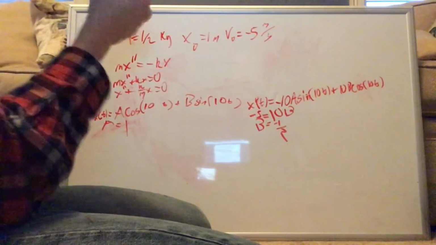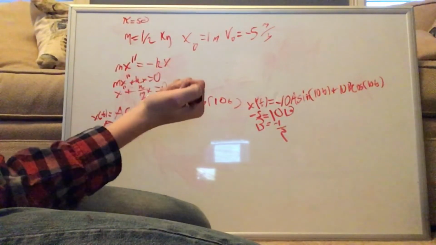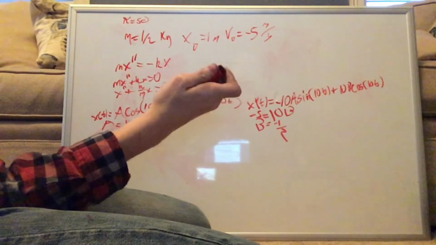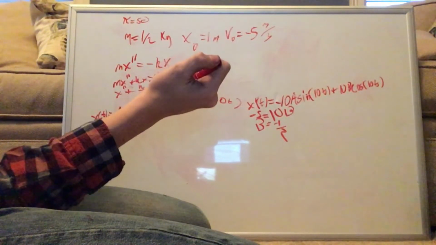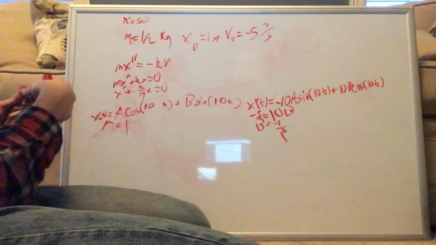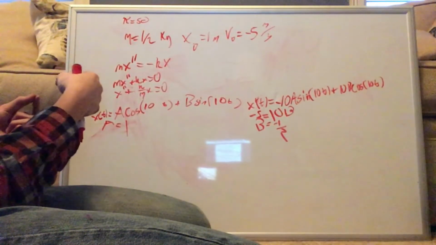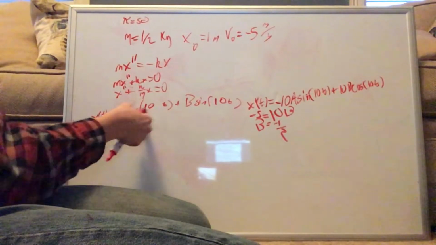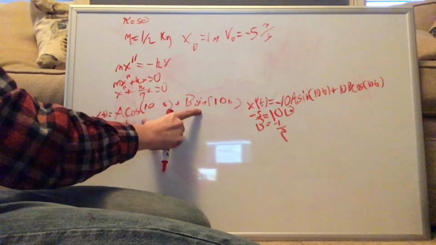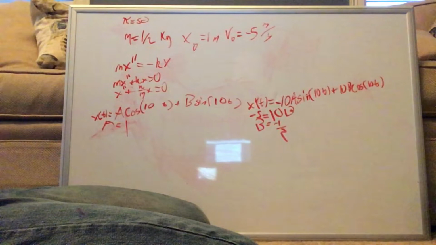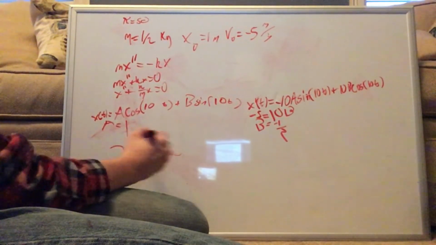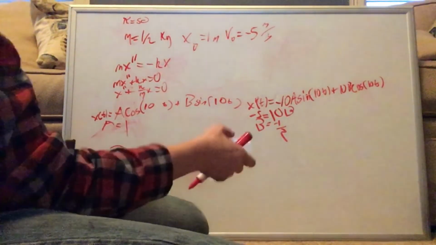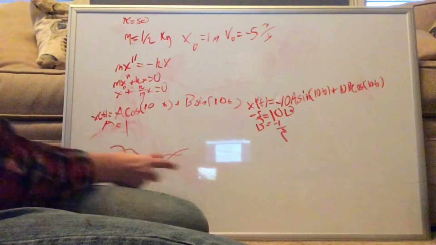So the first thing we can find out from this instantly is the circular frequency. When you add a cosine and a sine together, you get another one of these functions. We all know cosine and sine are the same function, just transposed over.